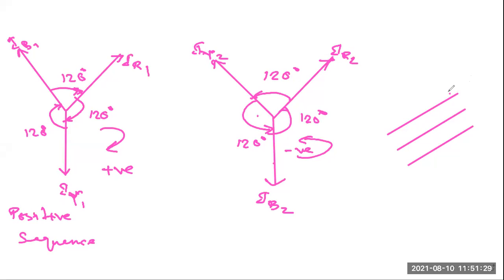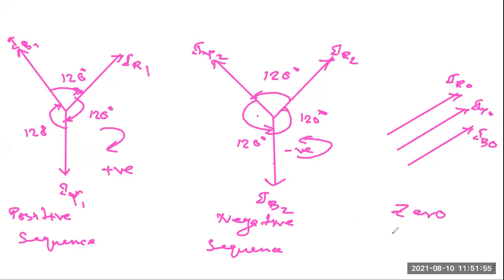So this is your IR0, this is your IY0, and this is your IB0. This is the representation for the negative sequence, and this is the representation for the zero sequence.